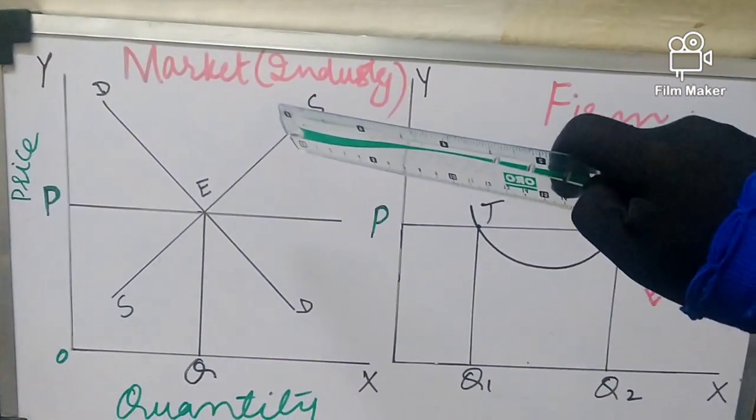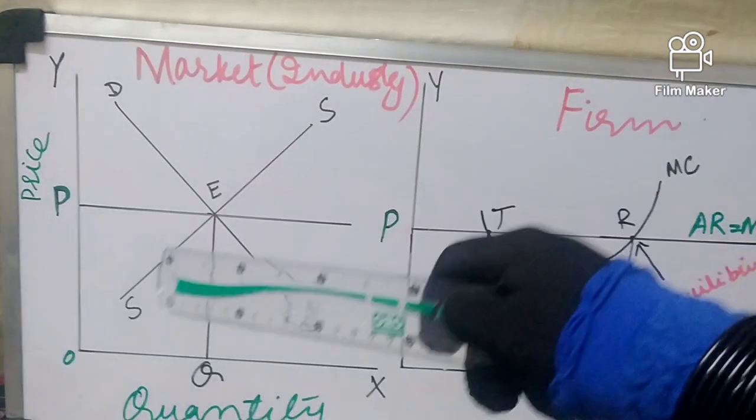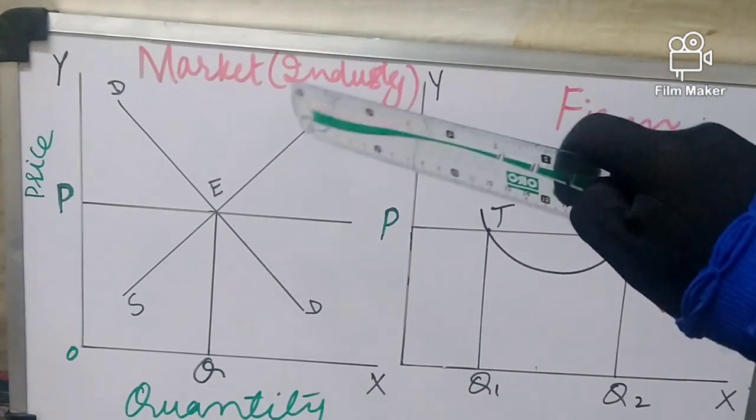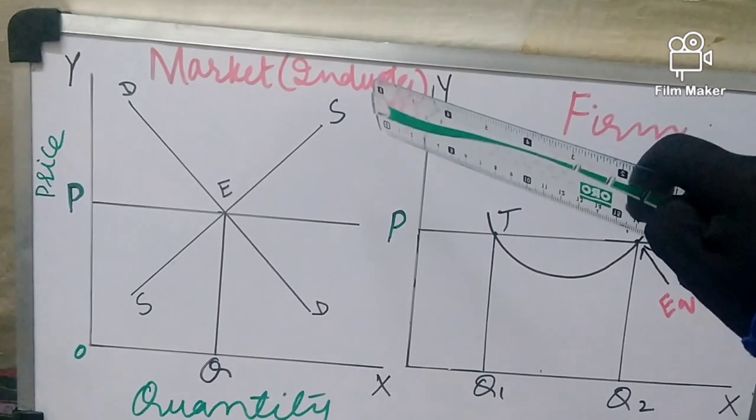In the first part of the figure, I have drawn the equilibrium under perfect competition in case of market or industry.